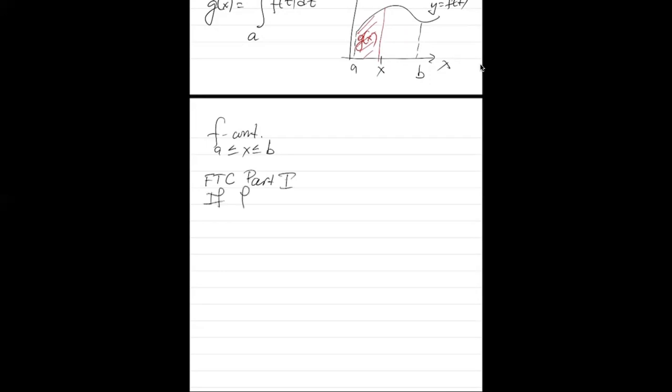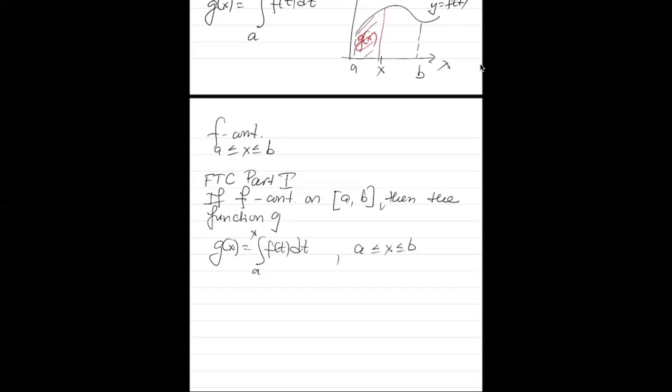If f is continuous on some interval from a to b, then the function g defined as the integral from a to x of f of t dt, where x is between a and b, is an antiderivative of little f.